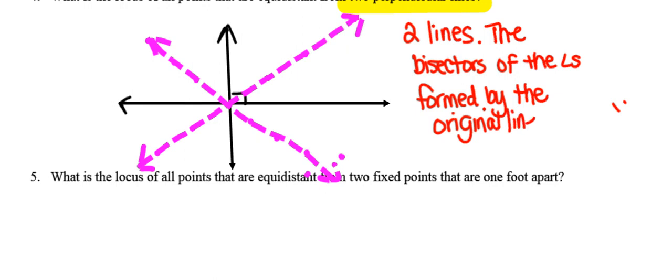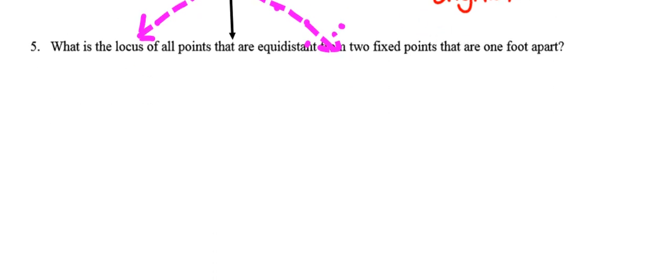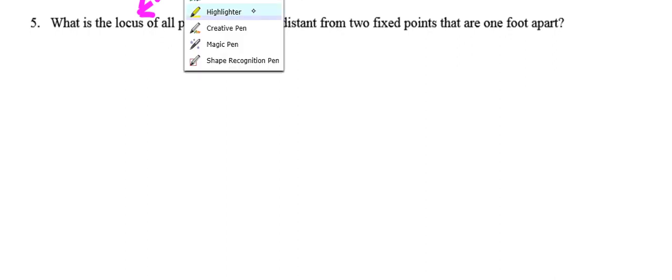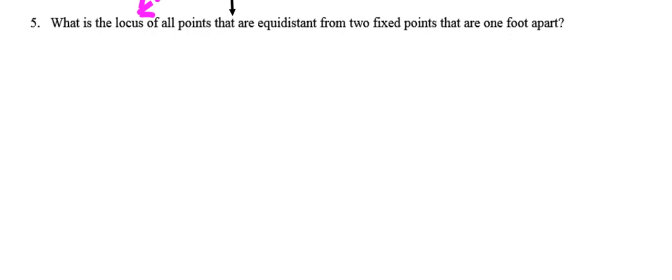All right, and then the last one from class today wants to know, what is the locus of all points equidistant? Wait, what does that say here? Equidistant from two fixed points that are 1 foot apart. So the first thing I need to do is identify what it is that I'm being given to work with.